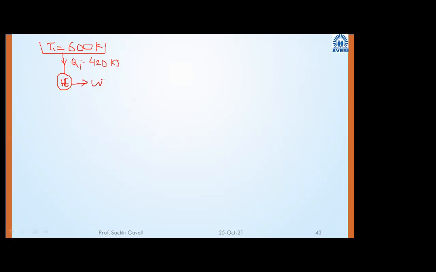So W amount of work is going to be there. Now depending on the source, the sink temperature is also fixed. What is the sink temperature T2? 300 Kelvin. Okay, it is 300 Kelvin. And with the first case we can say.